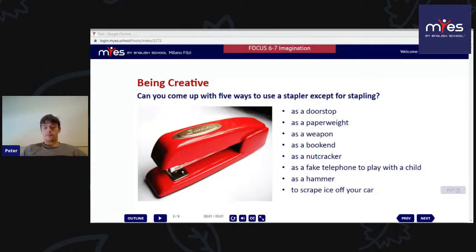A fake telephone to play with a child. As a hammer. A hammer is something you use in construction, for example if you have a nail. A hammer is a martello in Italian.